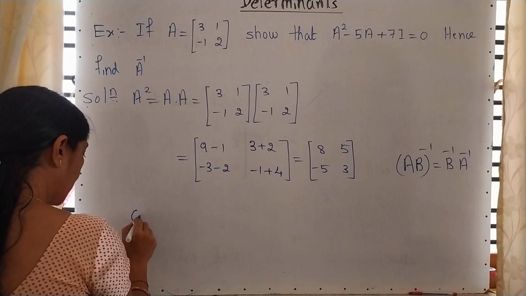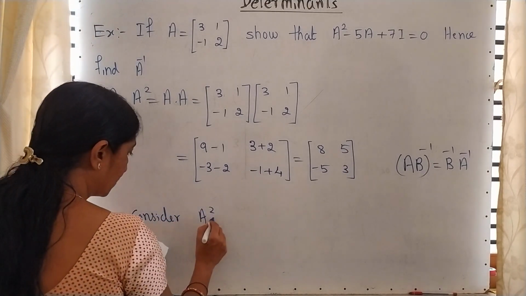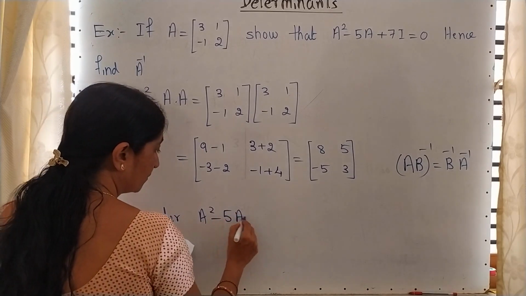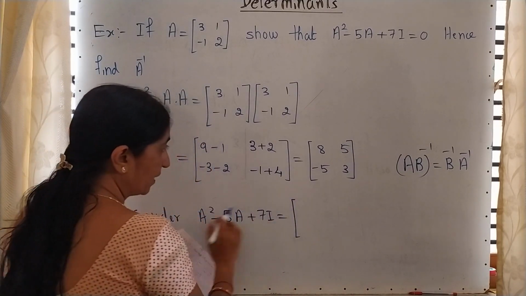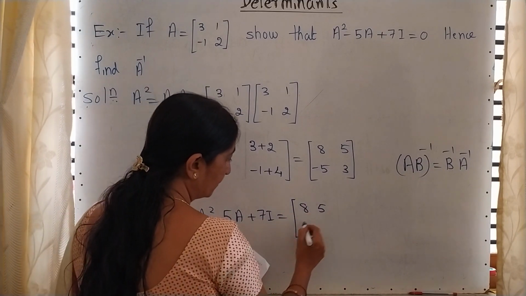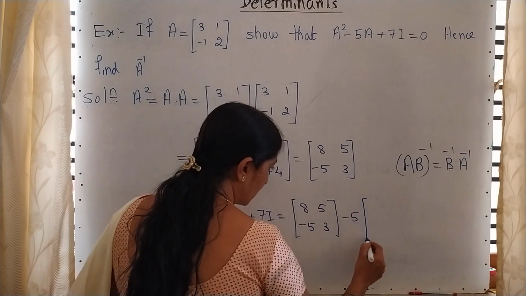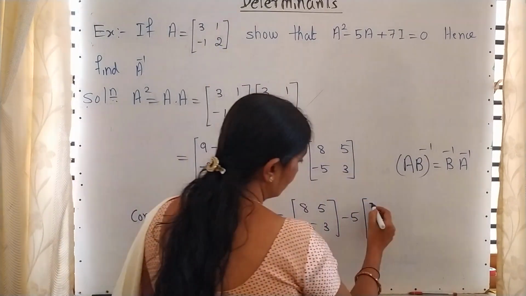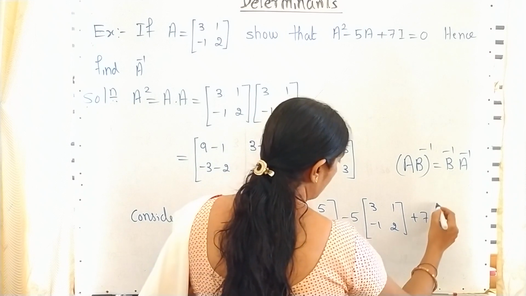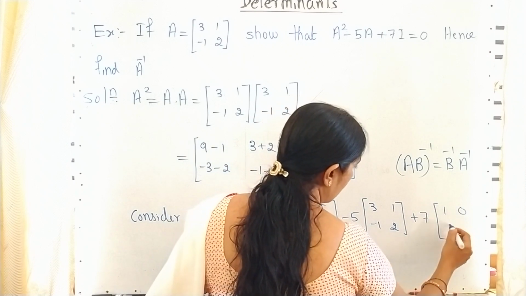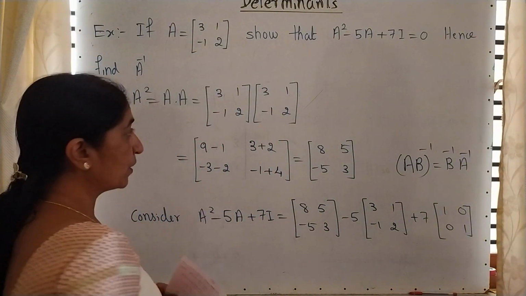Then after that consider the LHS. In that write down all the values. A square just now we calculated, minus 5 as it is. A is the given matrix. And what about I? I is the identity matrix, and in this example we have to take a matrix of order 2 by 2.